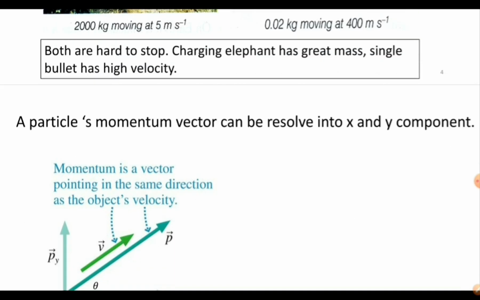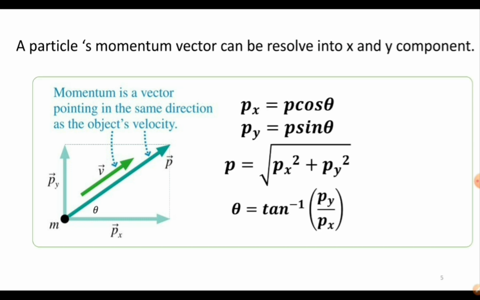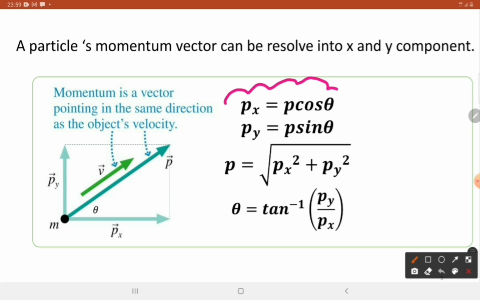Since momentum is a vector quantity, it can be resolved into x and y components. When we resolve to the x component, you will get px = p cos theta, while for the y component, you will get py = p sin theta.